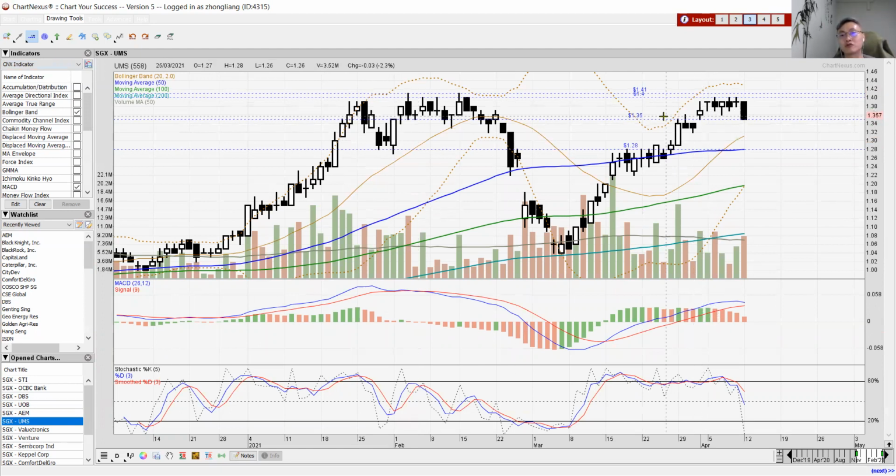So if 1.35 can't hold, the next support might be around 1.30, but the key support will be at 1.28, because you can see the confluence of support where the 50-day MA and this horizontal support come together. So this is called a confluence of support. So it tends to be a stronger support.